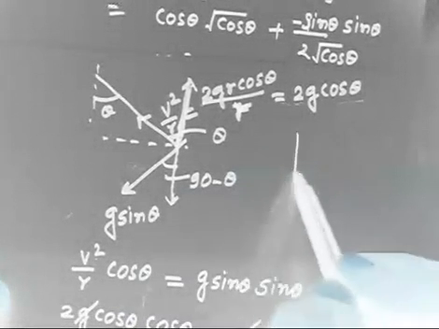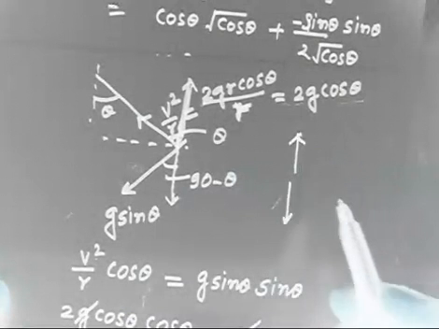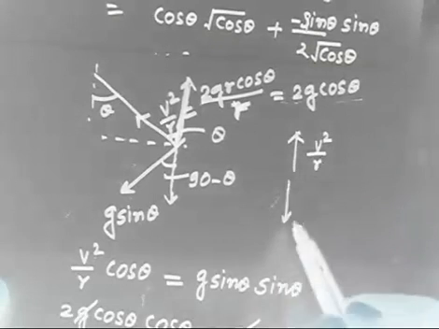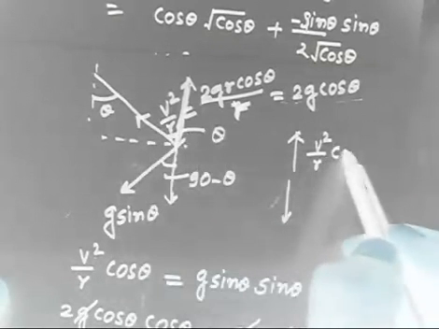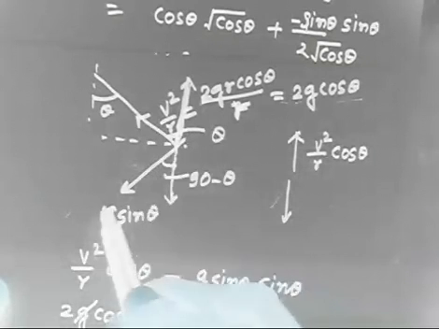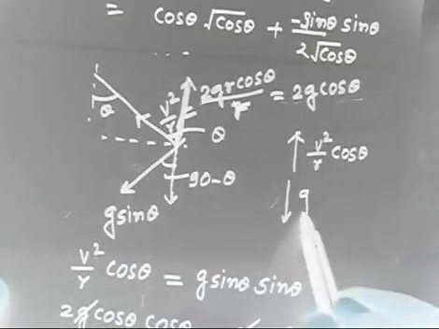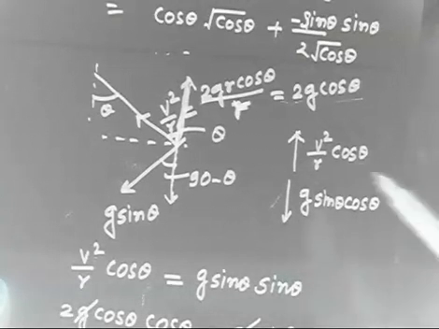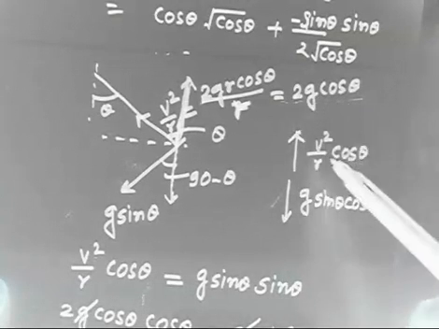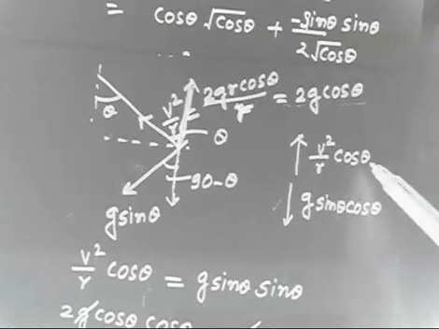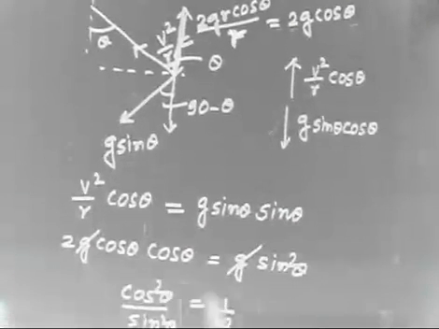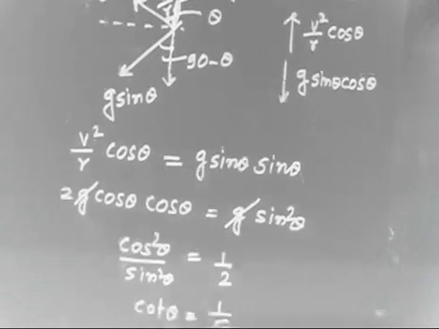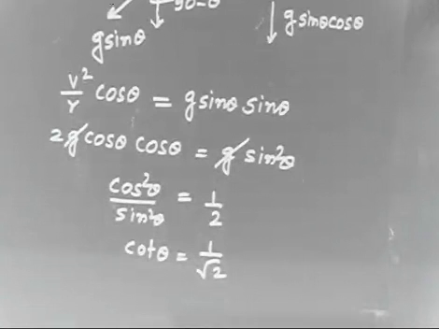The vertical component is v square by r cos theta, this angle being theta. This is g sin theta, and this angle is 90 minus theta, so this is g sin theta cos of 90 minus theta. Now v square by r is 2g cos theta. So this becomes 2g cos square theta, equal to g sin square theta. I am doing the simple calculation now. So you are getting cot theta is 1 by root 2.